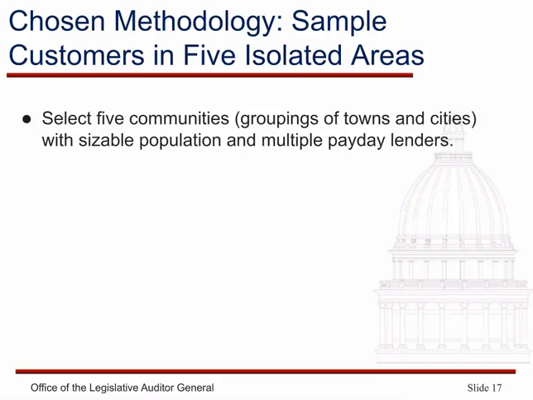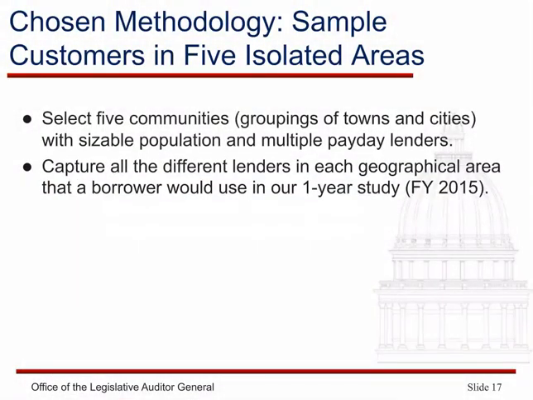And what we did was we said, okay, we're going to identify all of the payday lenders in those isolated communities, and we're going to ask them for a list of all of their customers for a full year, and just get a list. And we took those lists, and we did a random sample.